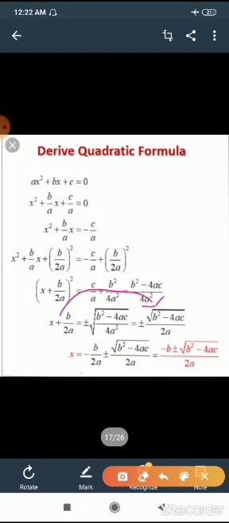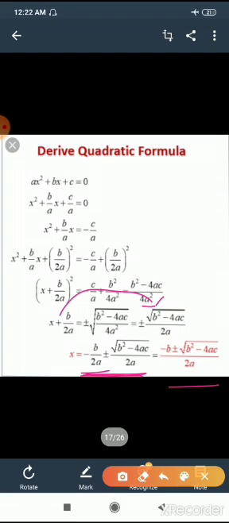Then it becomes minus b by 2a plus or minus square root of b square minus 4ac by 2a. Both are like fractions, so we can add or subtract directly. So the value becomes minus b plus or minus square root of b square minus 4ac, all by 2a.